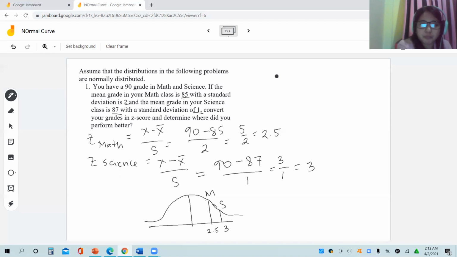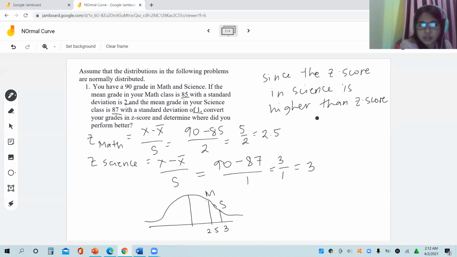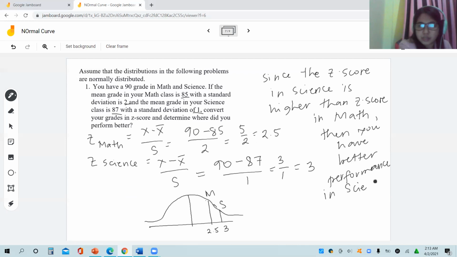If we answer the question, determine where you performed better, since the z-score in science is higher than the z-score in math, then you performed better in science.